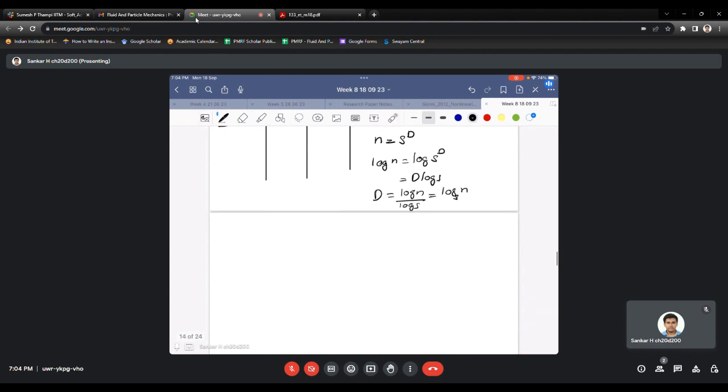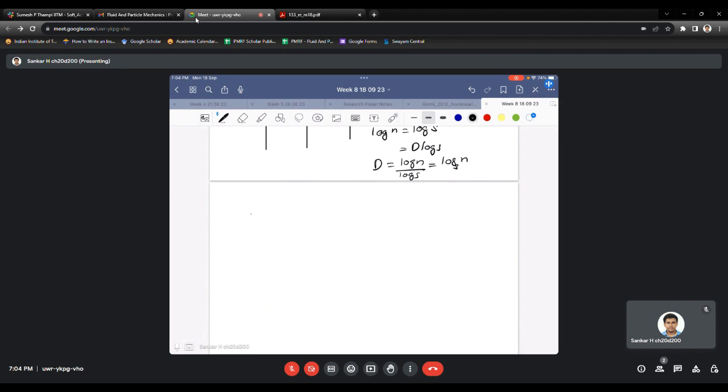Now, what happens in the case of fractal dimensions? Let me first take a line and split it into 3 equal parts. I'm just trying to draw a neat figure. Each of these line segments is L by 3.